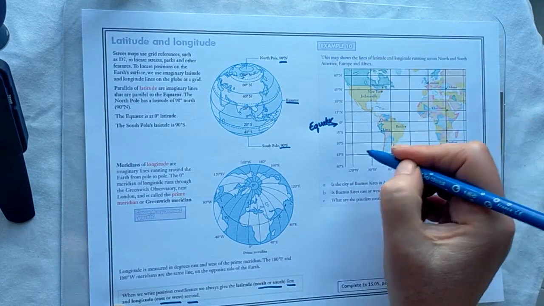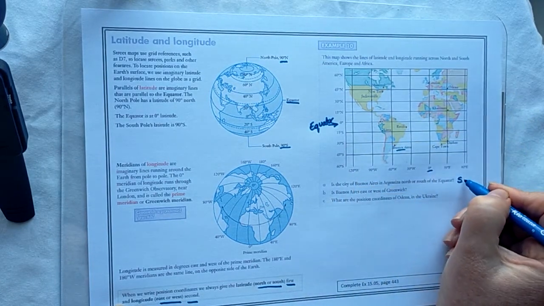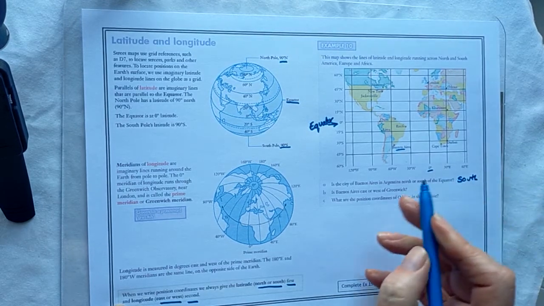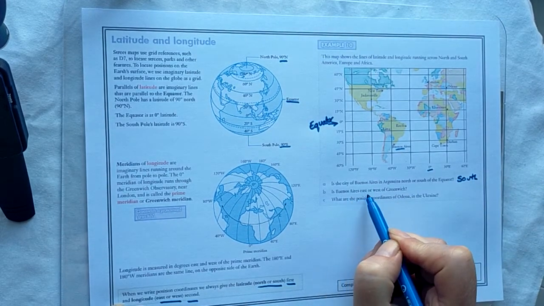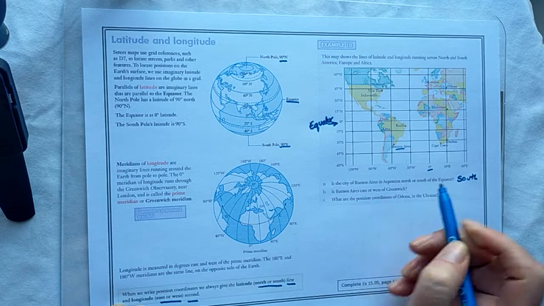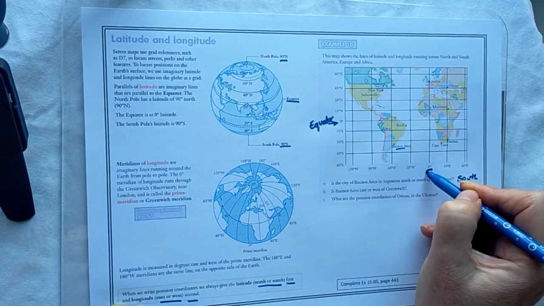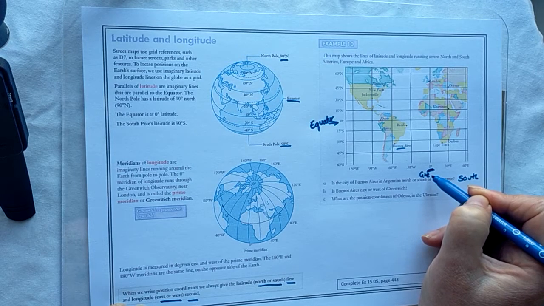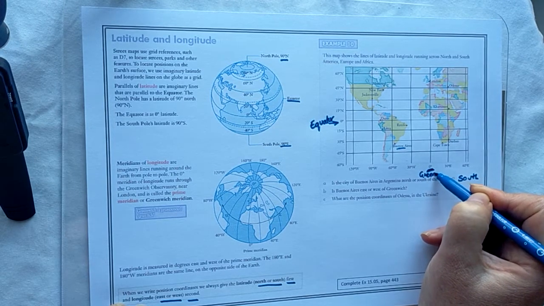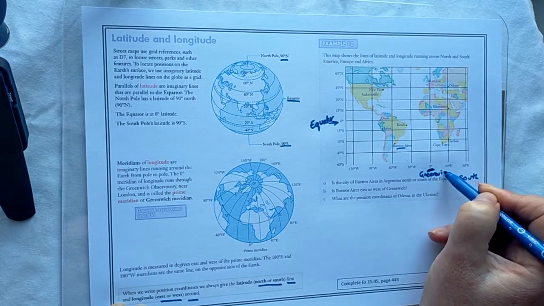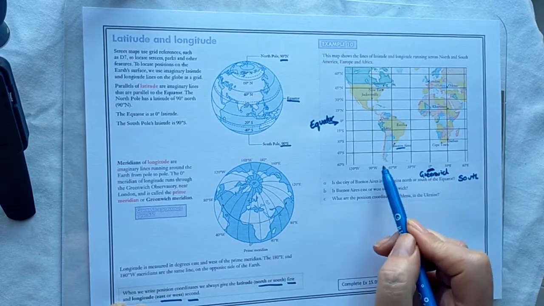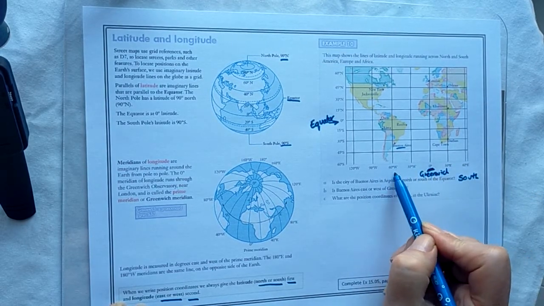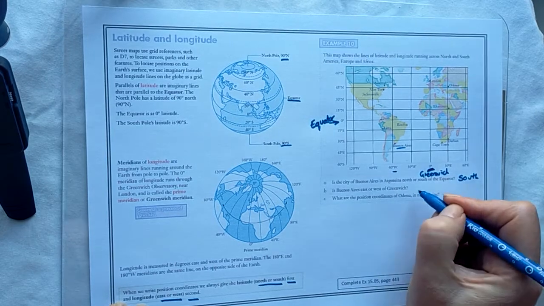So it is south of the equator. Then it says, is Buenos Aires east or west of Greenwich? Greenwich is here at 0. How do I spell that? With a double E? It is Greenwich. So is it east or west? We can check our little things here, and it is west.